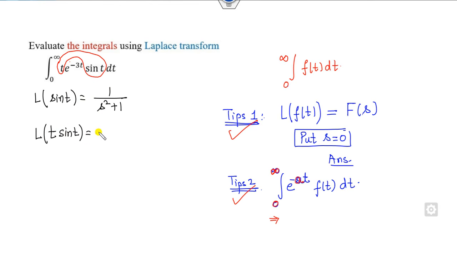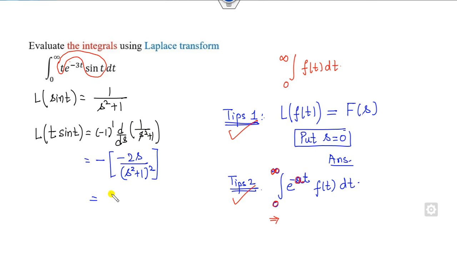It is minus 1 raised to power 1 times the first derivative of the Laplace of sin t, that is 1 over s square plus 1. The derivative is minus 2s over, applying the u over v rule, s square plus 1 whole square, so this comes to be 2s over s square plus 1 whole square.